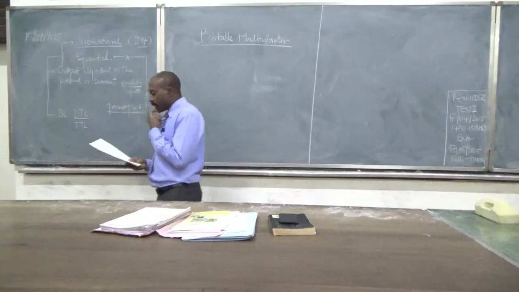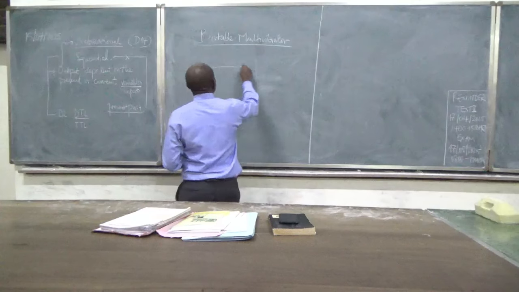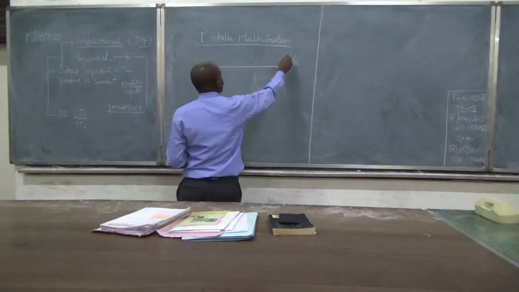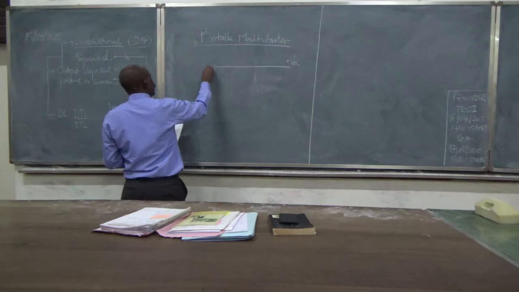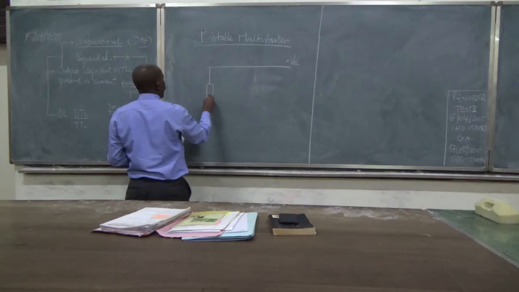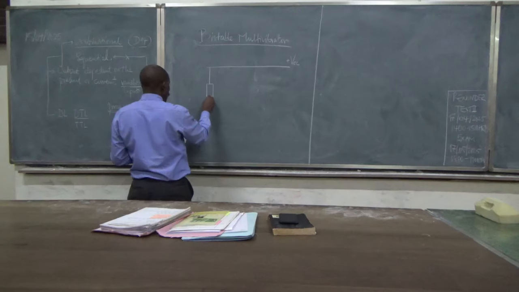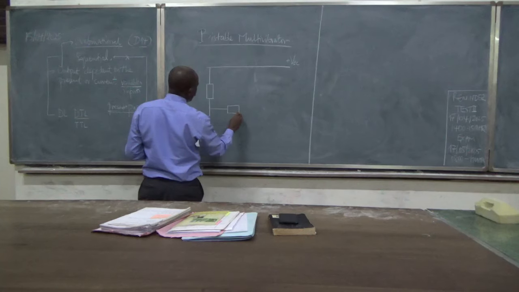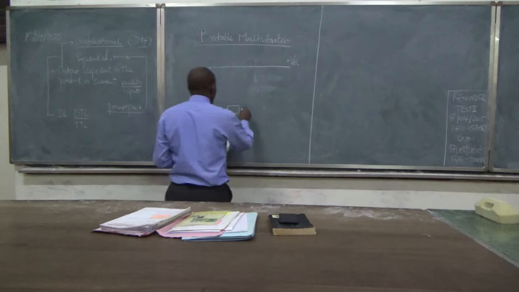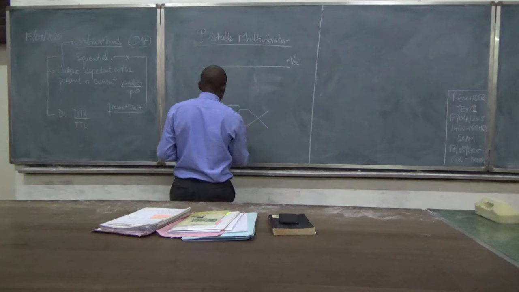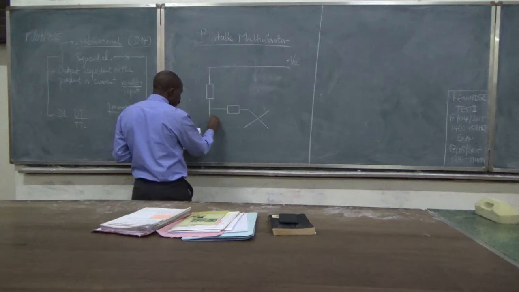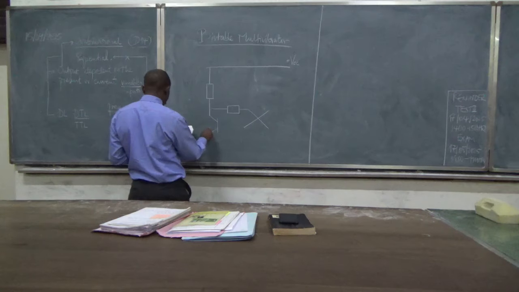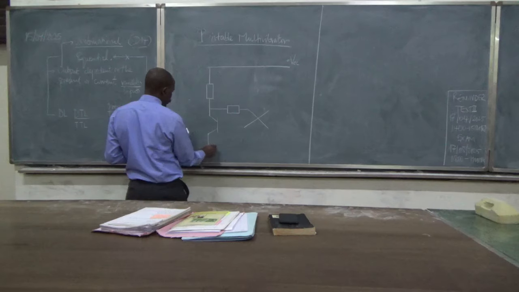So we're going to look at this: we have our VCC positive here, and then we have resistors. If you could allow me to first draw, and then we see how it goes. I'm not going to draw the circles on the transistors, I'm just going to draw the different legs.